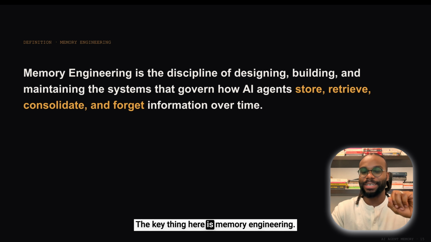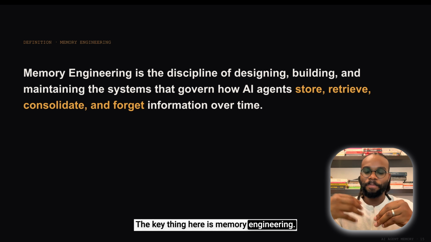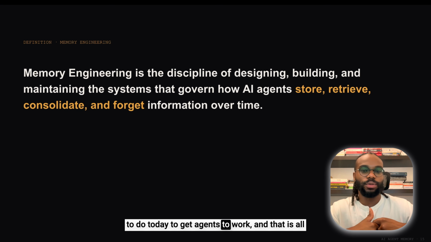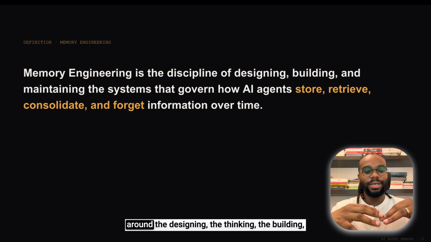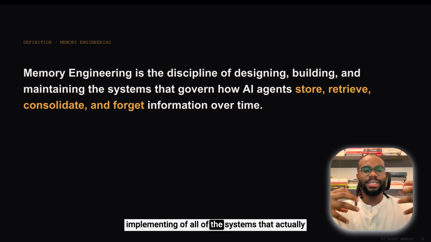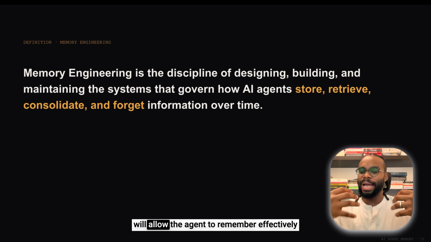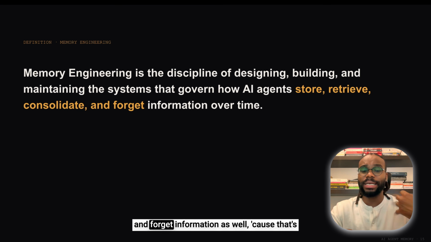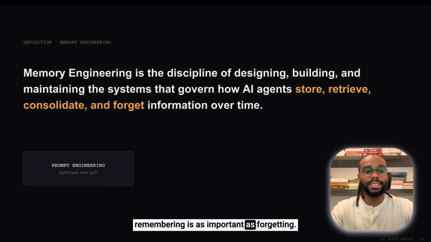The key thing here is memory engineering. It's the discipline that I see a lot of people trying to do today to get agents to work. And that is all around the designing, the thinking, building, implementing of all of the systems that actually will allow the agent to remember effectively and forget information as well, because remembering is as important as forgetting.